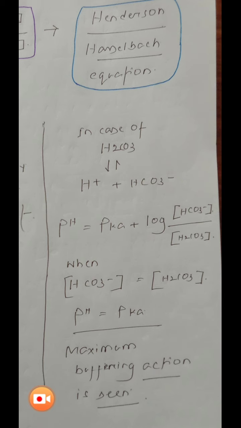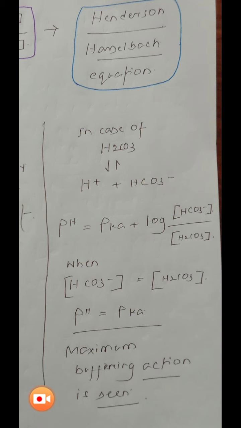That means if HCO3 minus concentration equals H2CO3 concentration, bicarbonate can accept proton, that is H plus, and H2CO3 giving proton H plus to the solution is almost in equal capacity, as the bicarbonate concentration and H2CO3 concentration are the same.